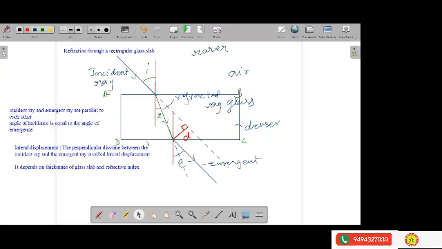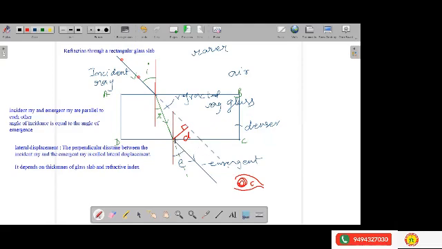You can observe this effect by using pins. If you plot two pins over here and try to observe the two pins from the opposite side, they will not appear to you somewhere here, but you will be able to see those pins in this line, not in this line.